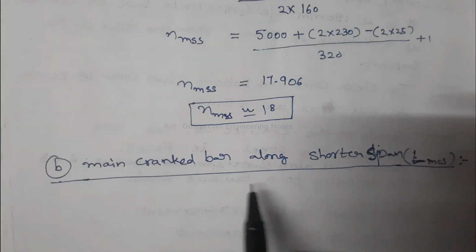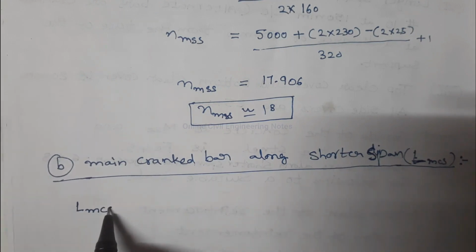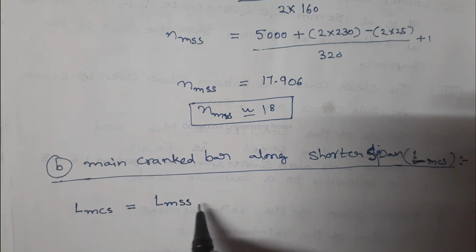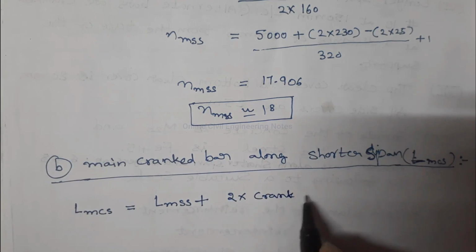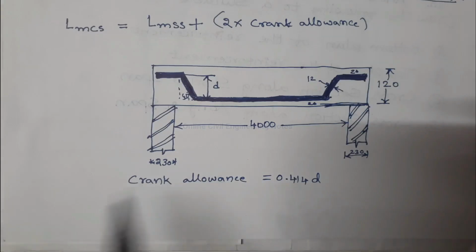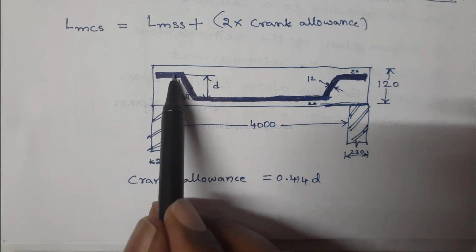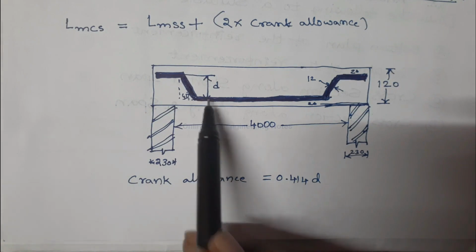Next one is main cranked bar along the shorter span. LMCS is equal to length of main straight bar in the shorter direction plus 2 into crank allowance. One crank allowance is equal to 0.414 times D. D is the vertical depth from the center of reinforcement here to center of reinforcement here.